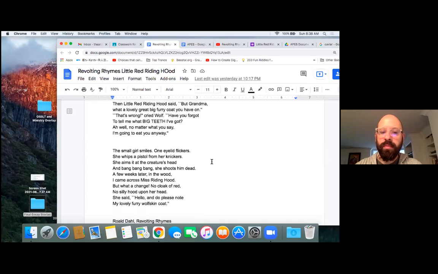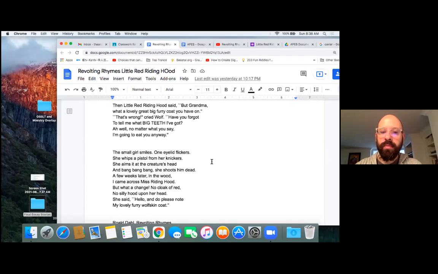She whips a pistol from her knickers. She aims it at the creature's head, and bang, bang, bang. She shoots him dead. A few weeks later, in the wood, I came across Miss Riding Hood. But what a change! No cloak of red, no silly hood upon her head. She said, "Hello, and do please note my lovely furry wolfskin coat."